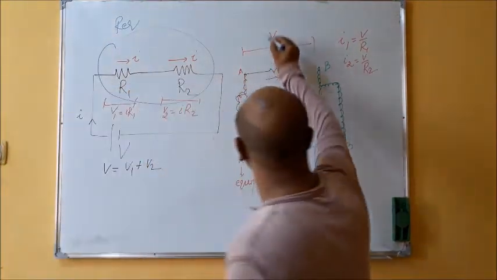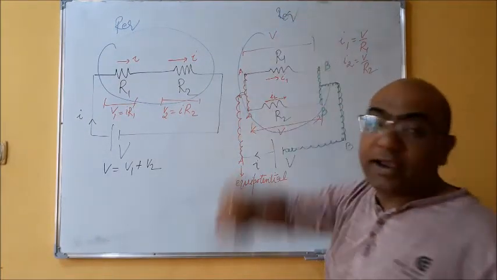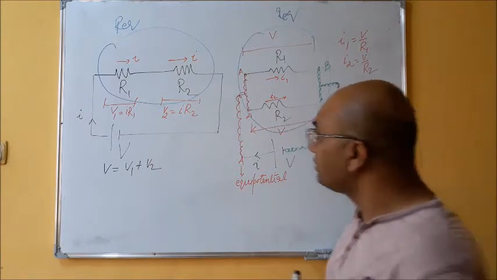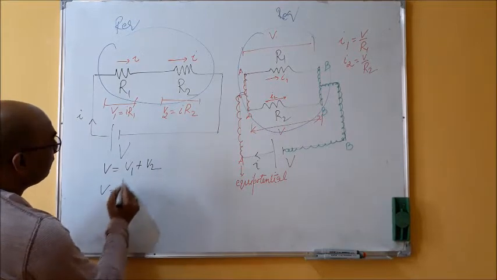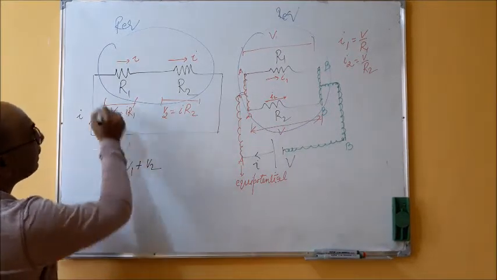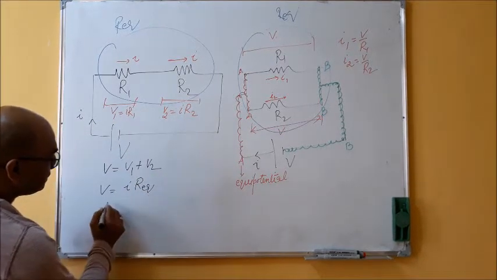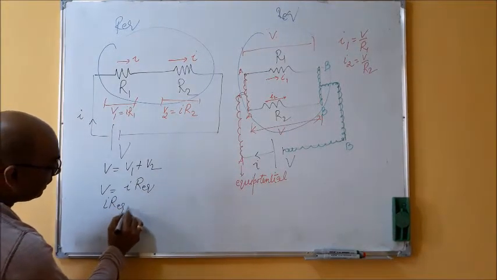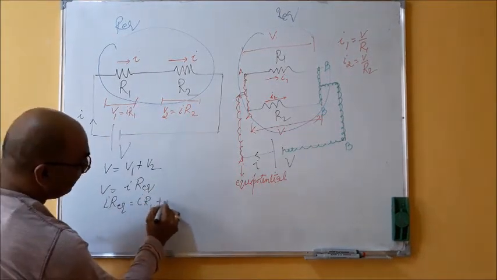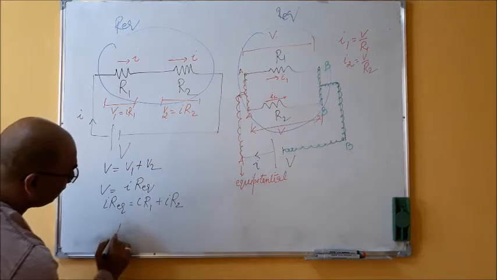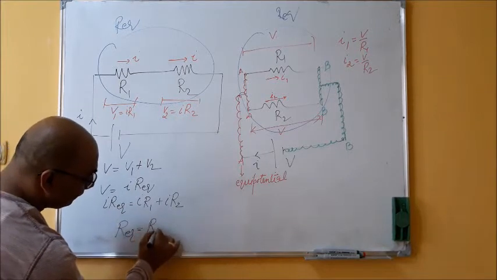So this V will be the current I times the total equivalent resistance, so I R equivalent equals, putting the values of V1 and V2, I R1 plus I R2. When you solve, I will cancel out from both sides.